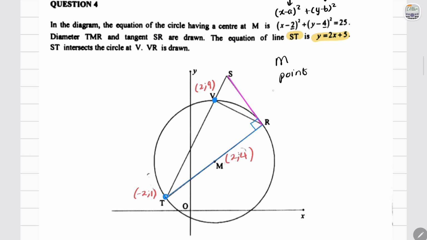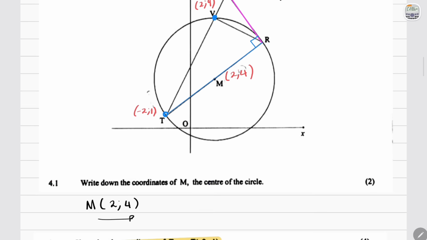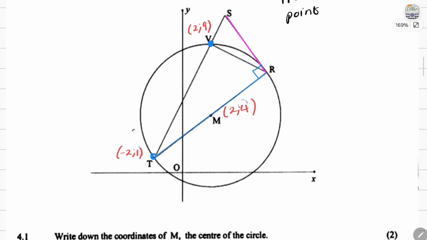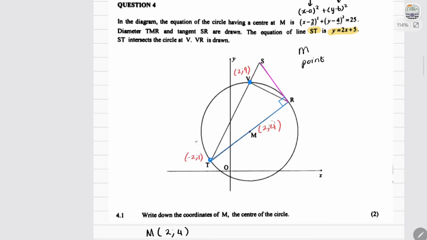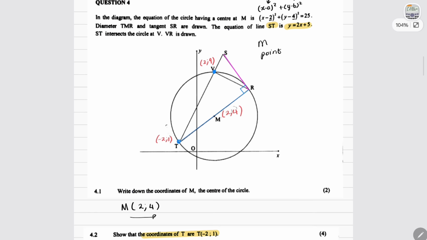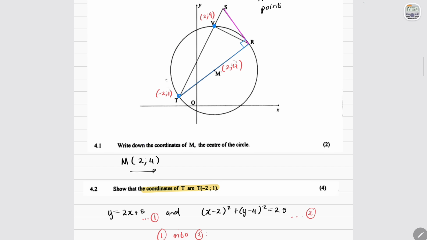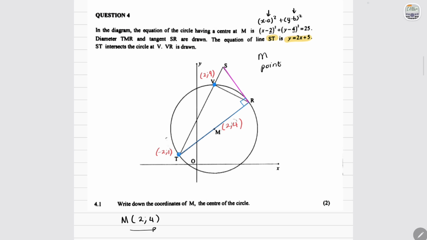We don't have a point on SR. R is missing, so we still need to find that, but we have enough info to find this. You see that this is a diameter, so this is the midpoint, this is one point, and this is the other point at the end of the diameter. So we can use the midpoint formula to find R. This is following the same thing we did in question 3. And let's go. I'll just bring this down.